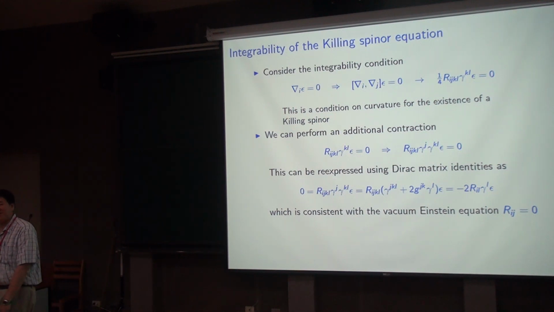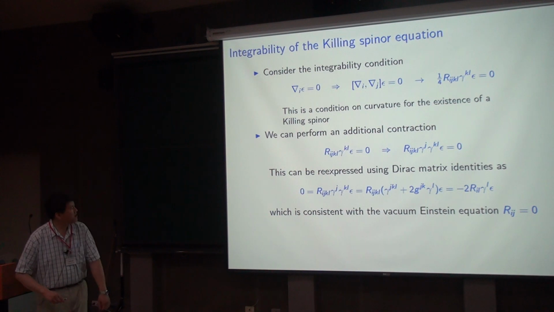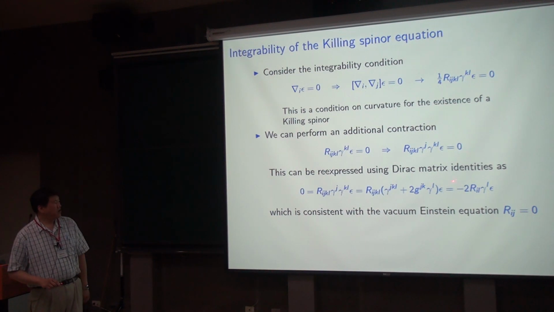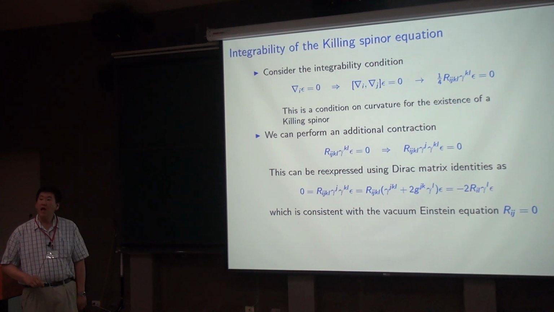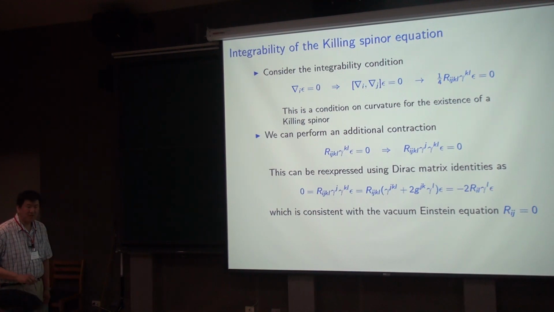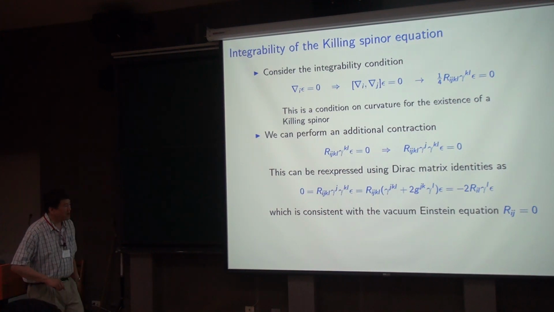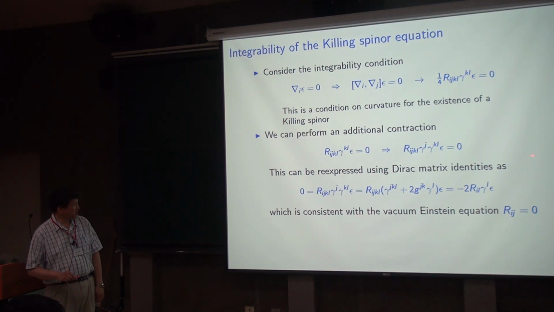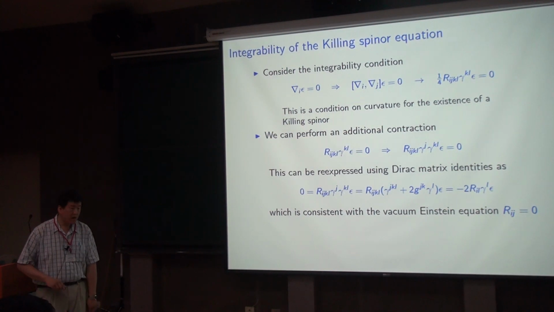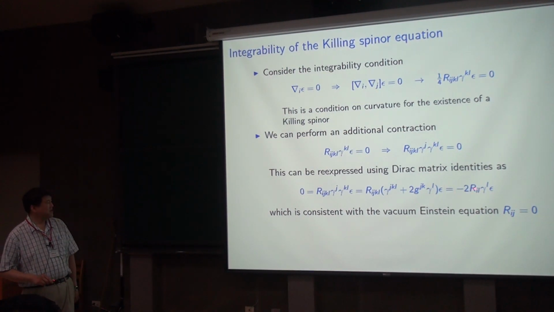So integrability tells you something interesting, at least I hope it does, which is you have R_il gamma^l epsilon. If I have a Ricci flat manifold, think vacuum Einstein equation, R_il equals 0. If I have a Ricci flat internal manifold, then this integrability is automatically solved.